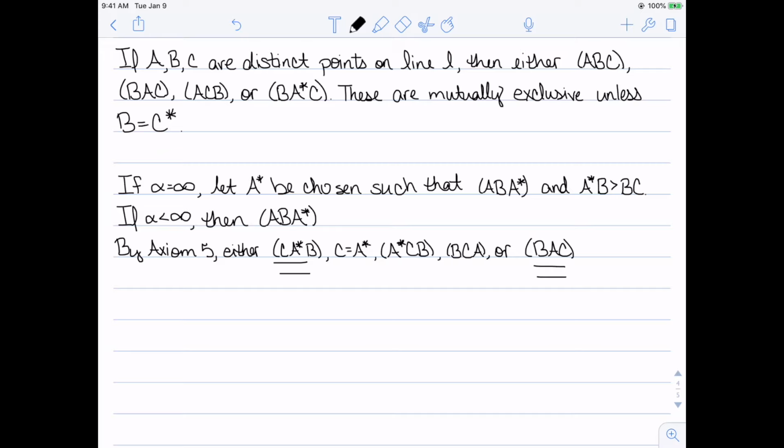In the case that C is equal to A star, that will imply the case ABC, since if C is equal to A star, then A and C are polar opposites, so every point B has to be between them. Next, we'll look at A star CB. A star CB combined with the fact that we know A, B, A star would give us A star CBA according to our betweenness properties.